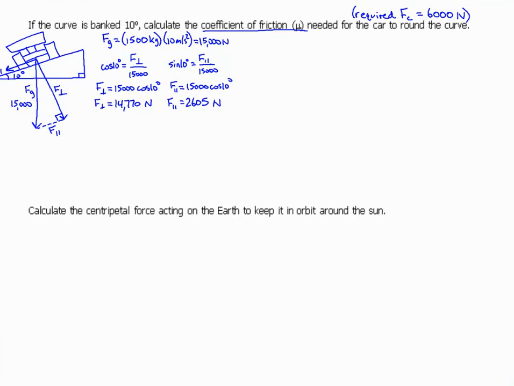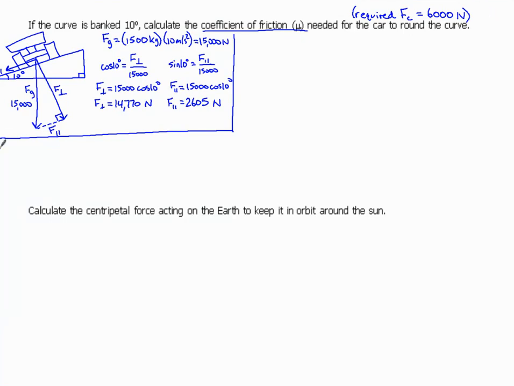So I'm going to box this off because we're actually looking at a couple of different things in this problem. So here we found its component vectors for the force. So we want to know, what is the coefficient of friction needed for the car to round the curve? And it says that the required centripetal force is 6,000 newtons. Now look, there were two sources on the bottom of page 7.